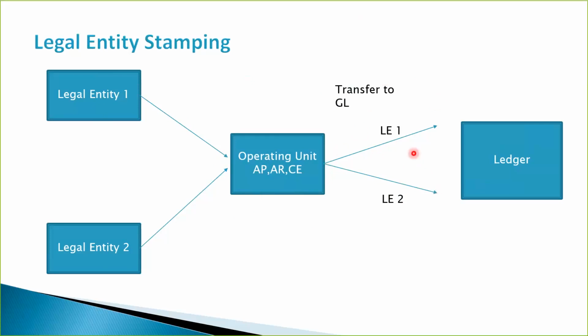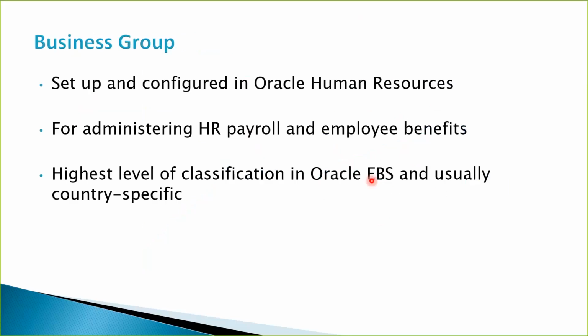Okay, so for example, it will say that these transactions are owned by legal entity 1, or these transactions are owned by legal entity 2. So that's what we mean when we talk about legal entity stamping.